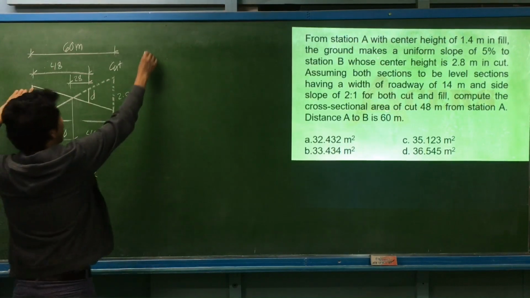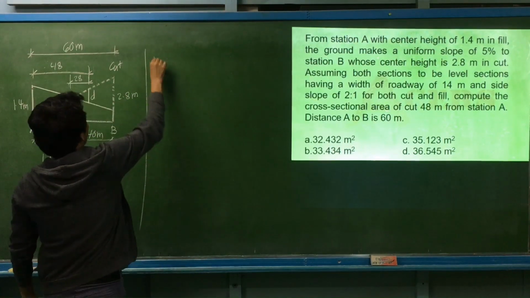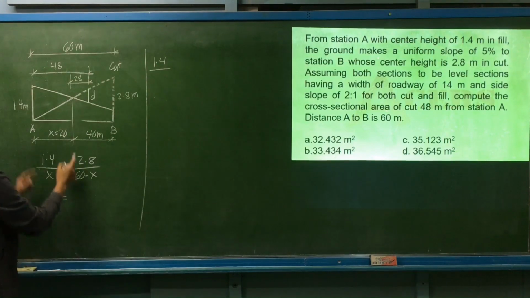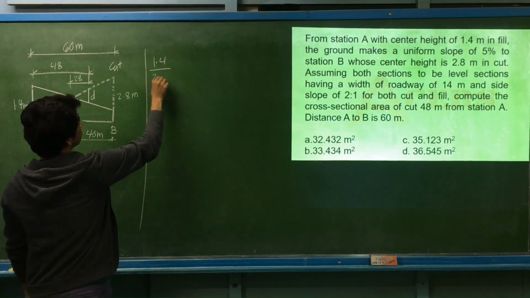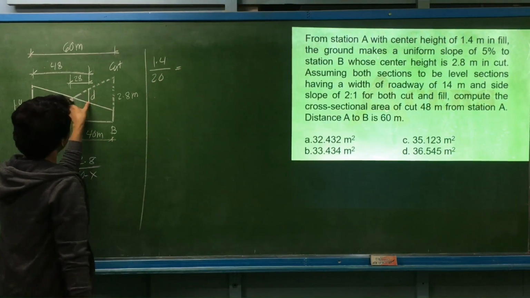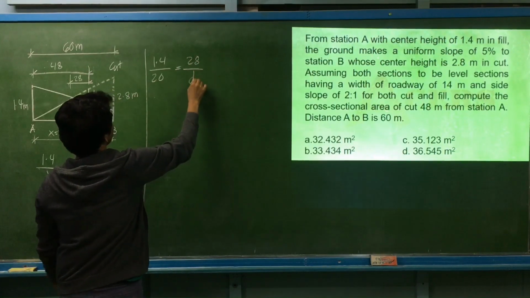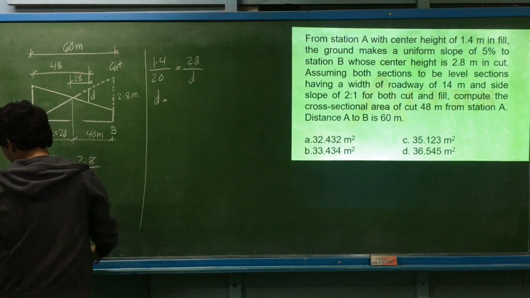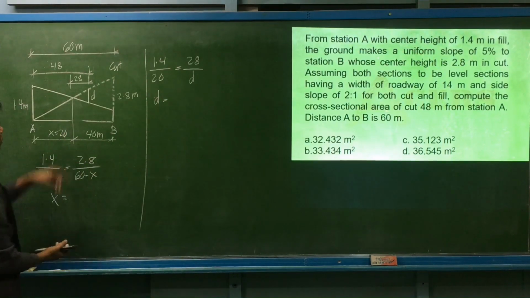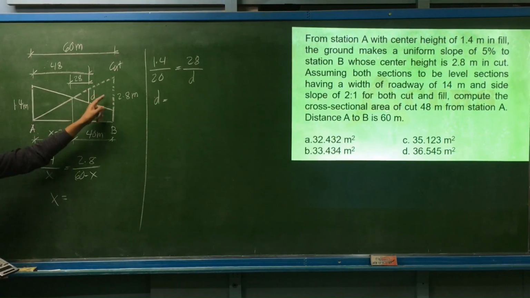So that is the same as 1.4 is to, what is the corresponding value we got? This is 20. Equal to, this is 28, is to the dimension D. So the equivalent of dimension D is the height that is 48 meters from A. So obviously, it is in the cut section.